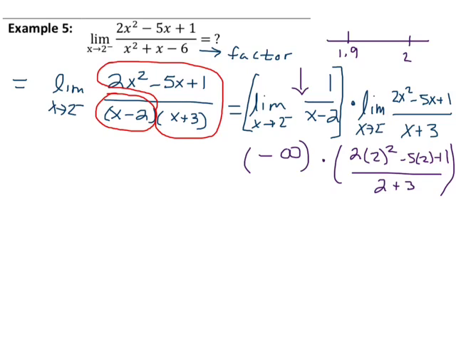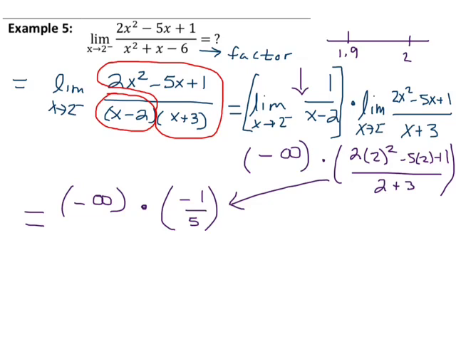Doing the order of operations here, and I'm going to carry over the infinity, we get 2 squared, which is 4, and 2 times 4 is 8, and then 5 times 2 is 10, so 8 minus 10 is negative 2, and negative 2 plus 1 is negative 1, and in the denominator we have 2 plus 3, which is 5. So this fraction evaluates to negative 1 over 5.